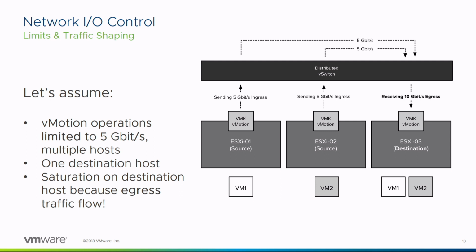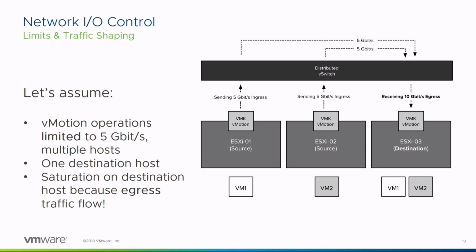But when we are evacuating VMs from the source hosts to the destination host, they will probably consume up to 5 gigs each, making it a total of 10, with a possible saturation on ESX number 3. And NIOC can't do anything with that, right? Because the destination host, that's considered egress traffic.